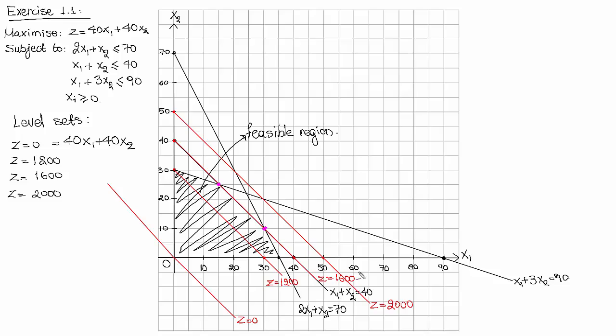So in this case, we have two corner points that give the optimal solution. So we say that we have a non-unique optimal solution. The optimal value is equal to z 1600.